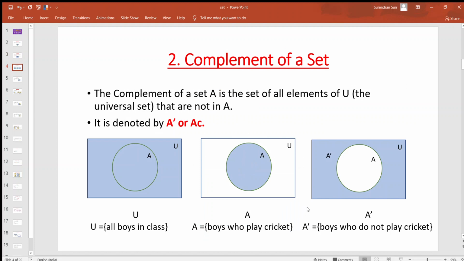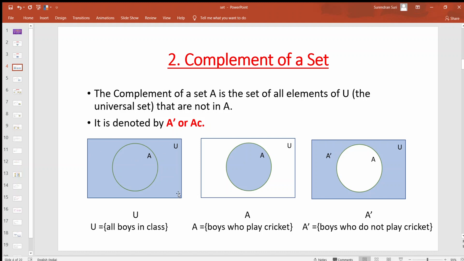Next we will see the complement of a set. The complement of a set A is the set of all the elements of U that are not in A. It is denoted by A complement. This is used to denote the complement of a set.